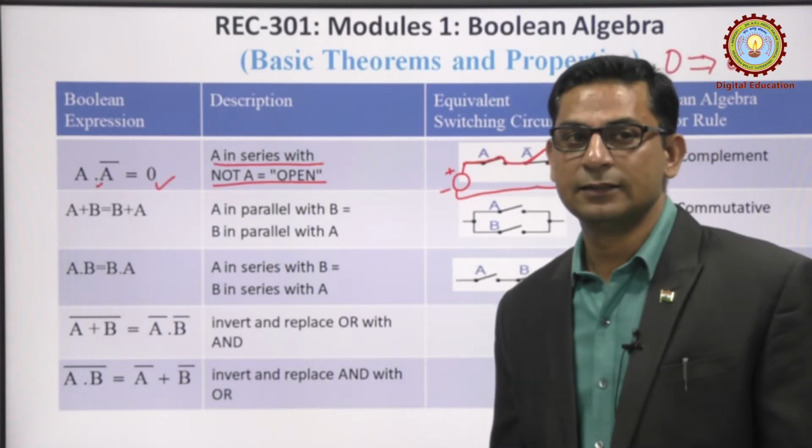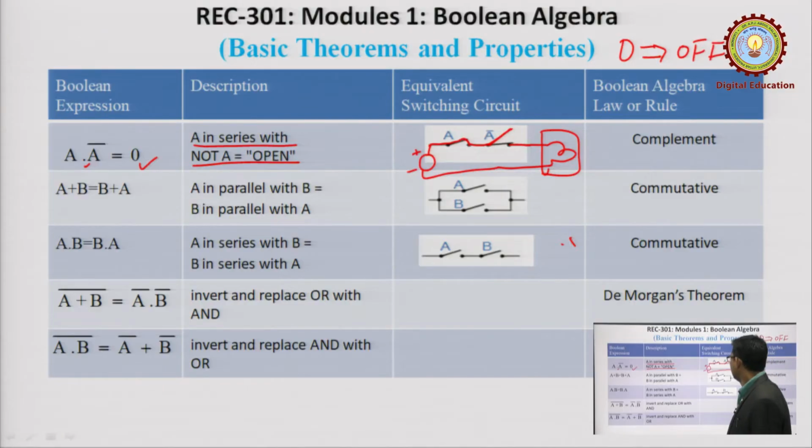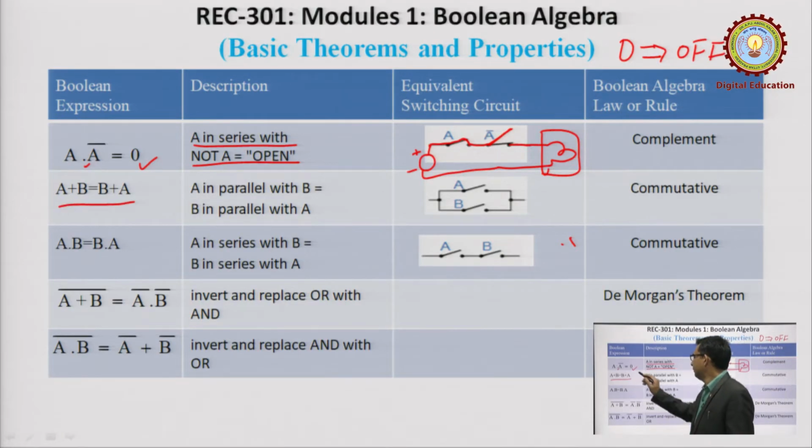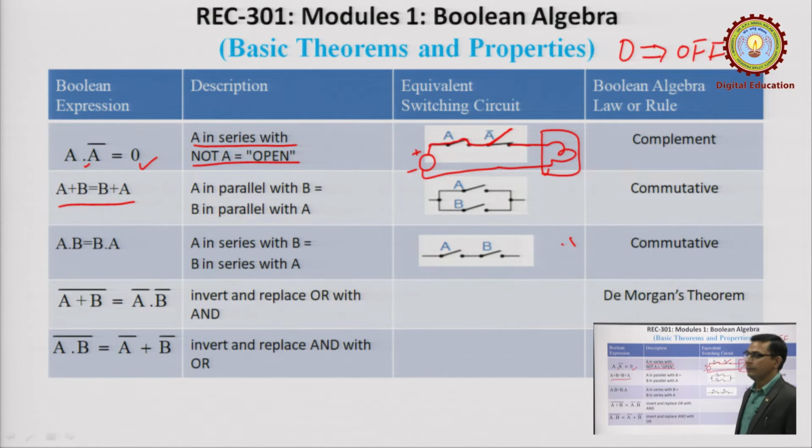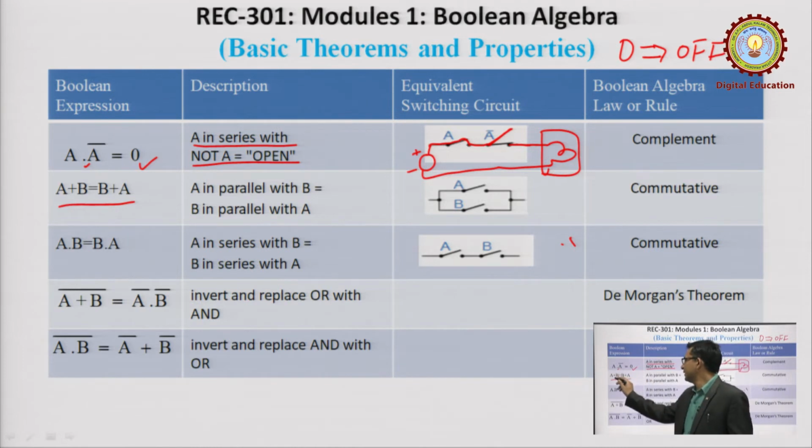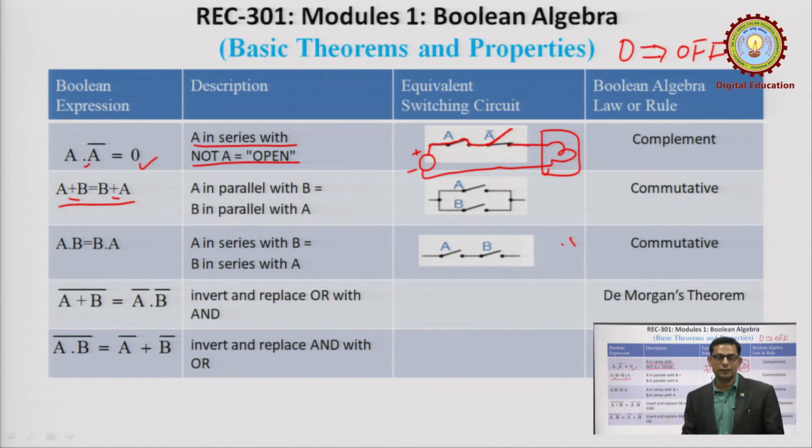Now, the next case is a plus b equals b plus a. What does it mean? On both sides we can see a positive sign. It means there are two switches, one is switch a and the second is switch b, connected in parallel because of the plus sign.